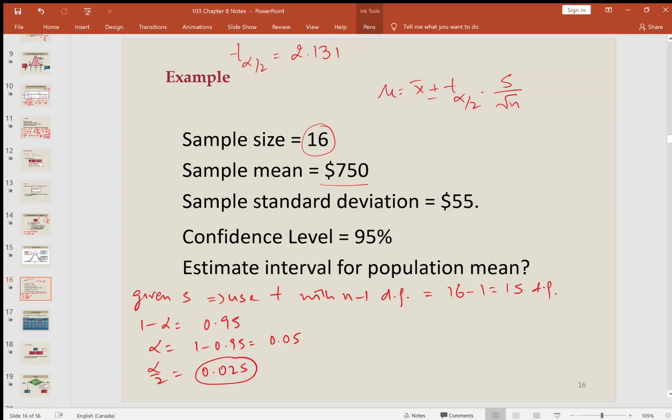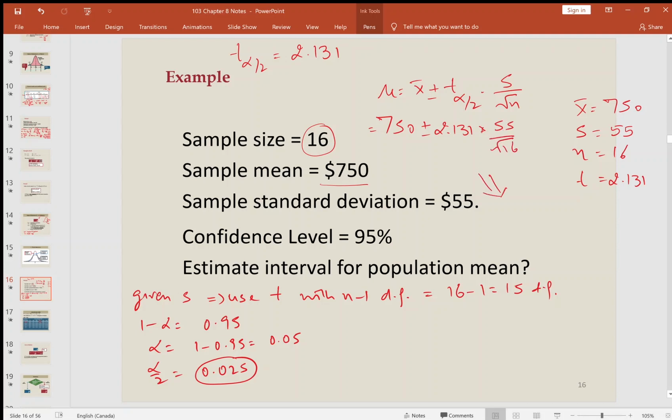X bar is $750, S, the sample standard deviation, is 55, the sample size is 16, and the T score we just calculated is 2.131. So we just plug in the numbers. So mu is equal to 750 plus minus 2.131 times 55 divided by square root of 16.